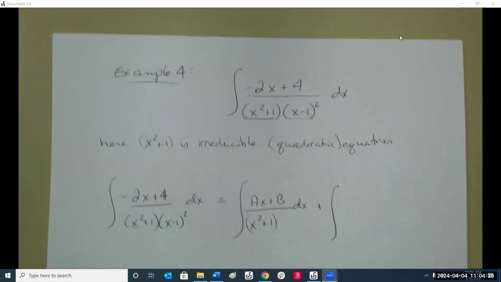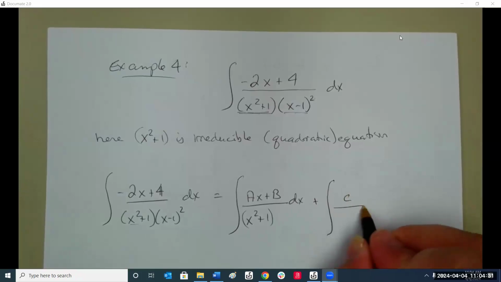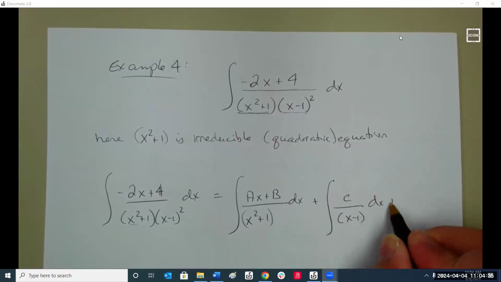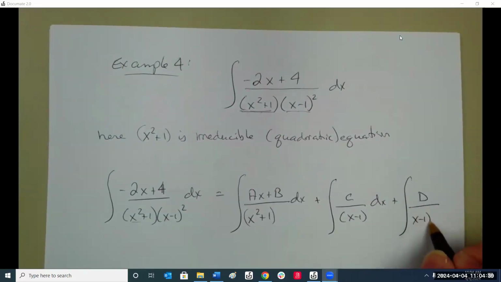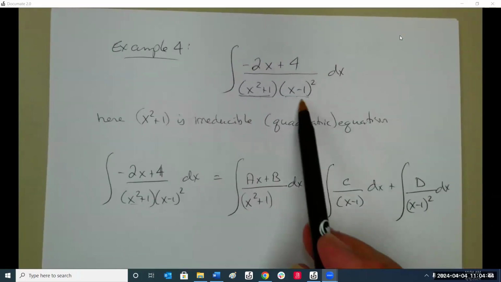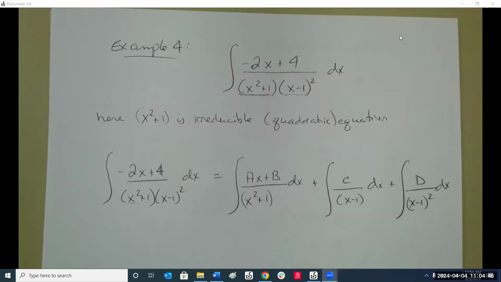And for these other ones, we're going to have c over x minus 1, and then d over x minus 1 squared. Those are the 3 we're going to deal with.